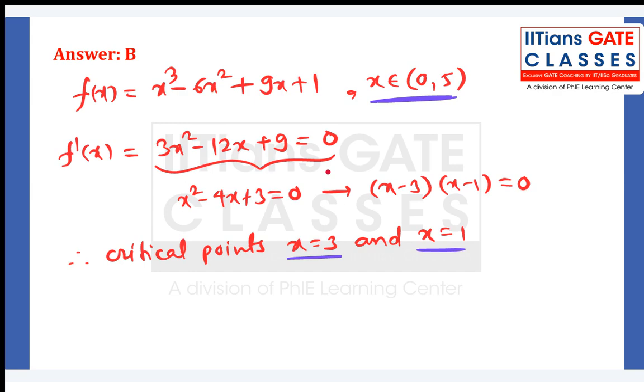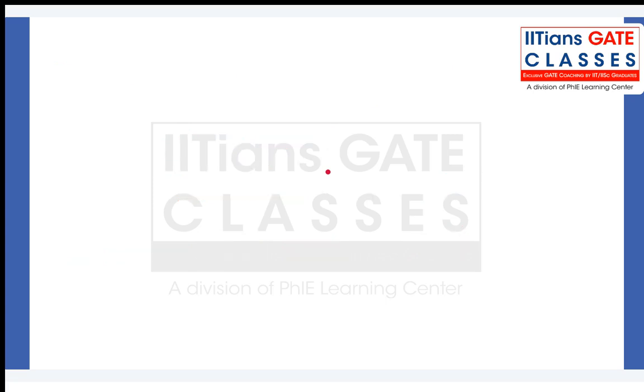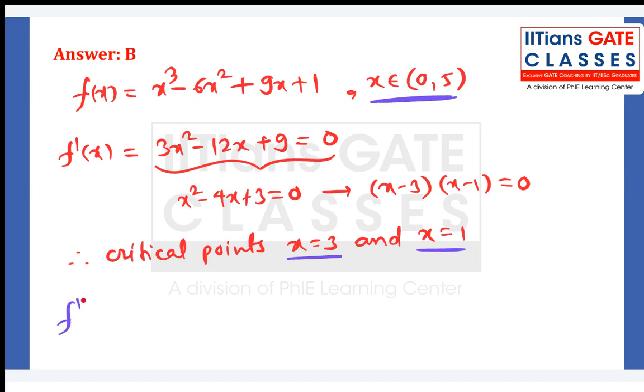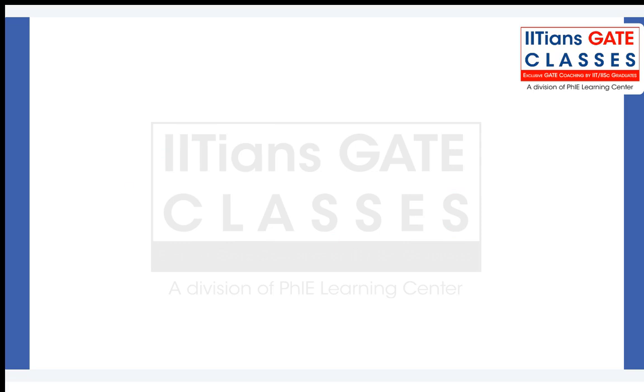Now you have to check at x equal to 3 and x equal to 1 what is happening to the second derivative. What is the second derivative? From here only you can calculate. That will be 6x minus 12. You need to check this value at each and every critical point. So at x equal to 3, the second derivative value is nothing but 6 into 3 minus 12.